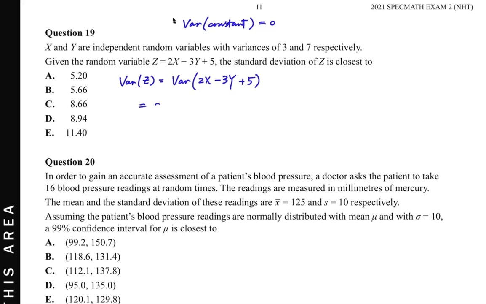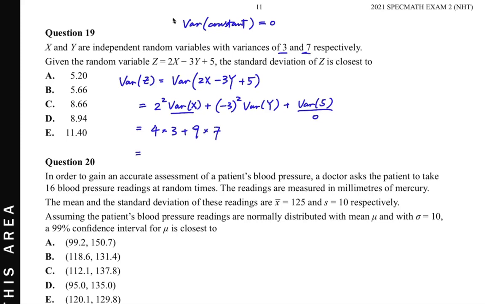So now I'm taking out a 2 and squaring it. 2 squared variance of X plus, not minus, minus 3 squared variance of Y plus variance of 5, and this is 0. So this gives you 4 times variance of X, which is 3, plus 9 times 7. And this should give you 12 plus 63, which is 75.